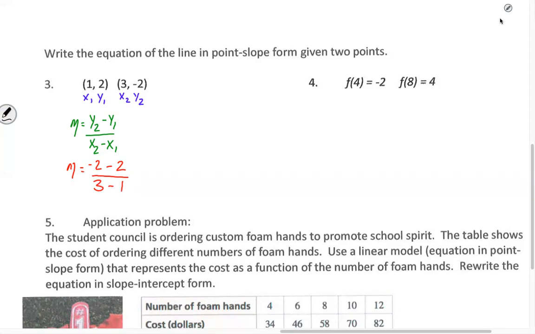And the last step is to solve or simplify. So -2 minus 2 is -4. 3 minus 1 is 2. -4 over 2 is -2.